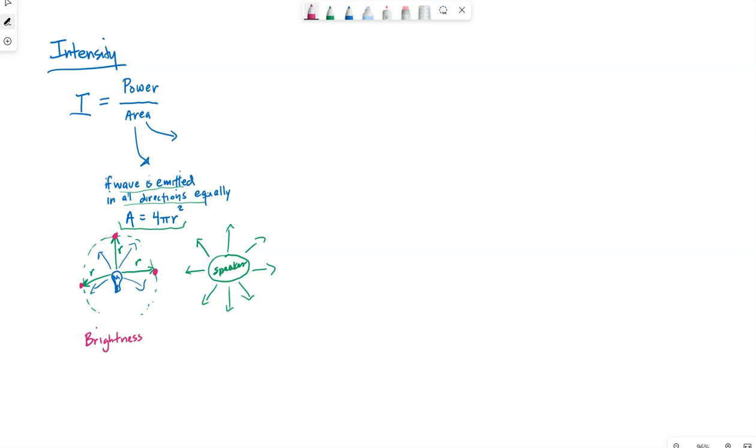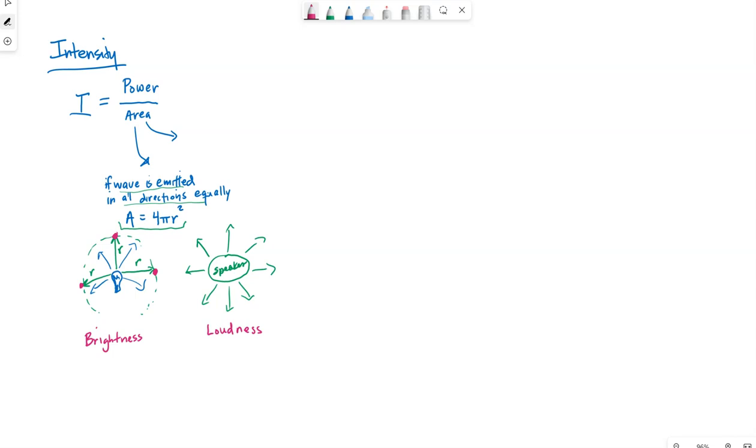So a bigger intensity means that light bulb appears brighter to us. For sound, is loudness a word? Sound intensity is going to be related to how loud that sound is for us.